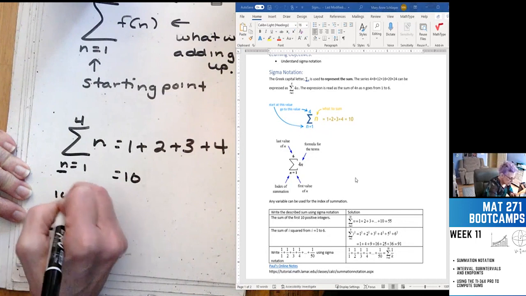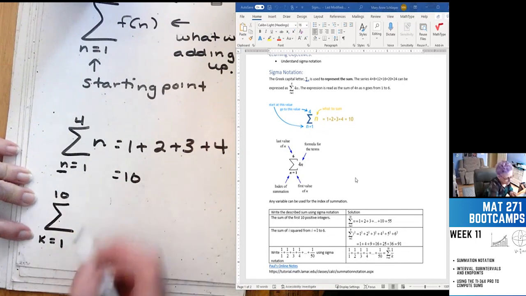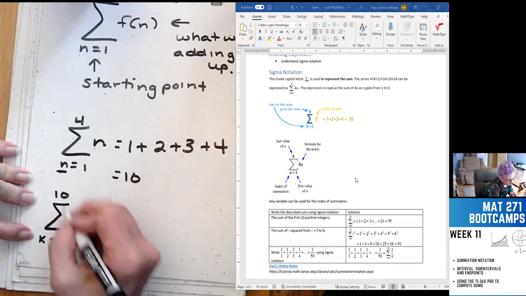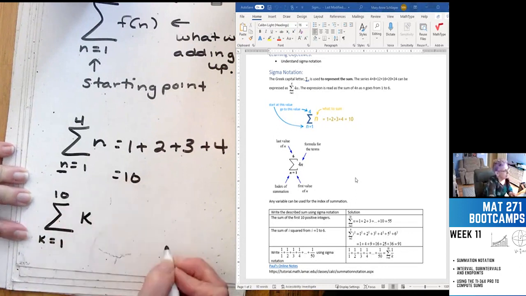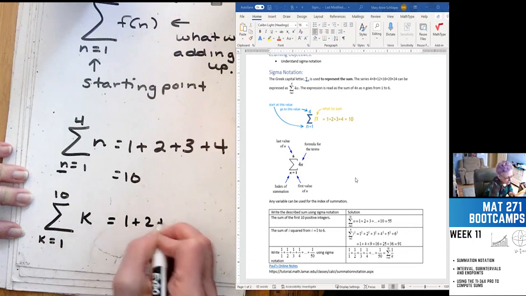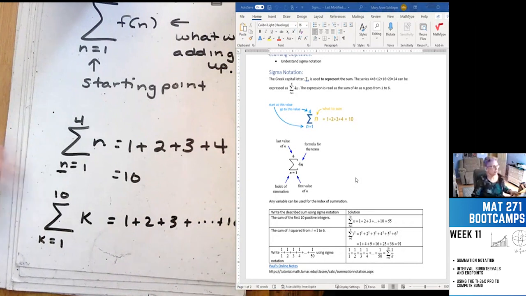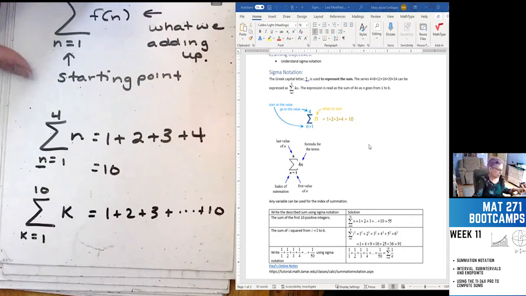We want the first 10 positive integers, so we can go from 1 to 10, and that's just K. So that would give us 1 plus 2 plus 3, all the way up to 10.